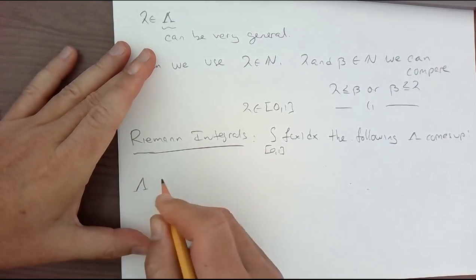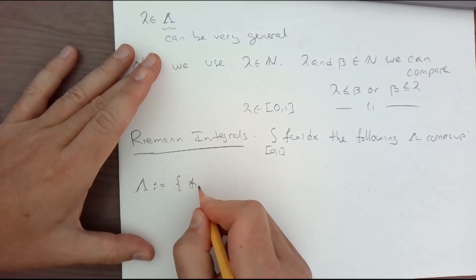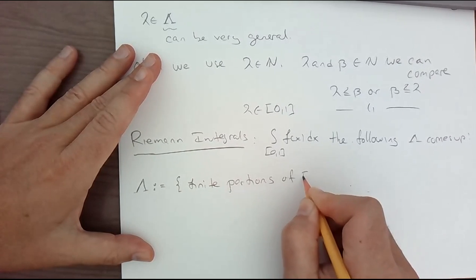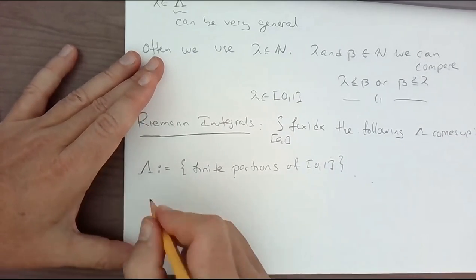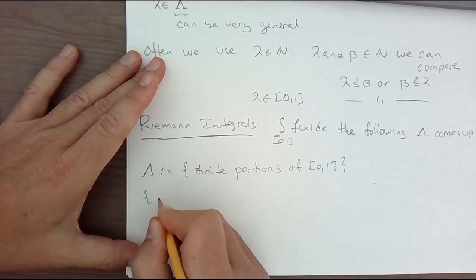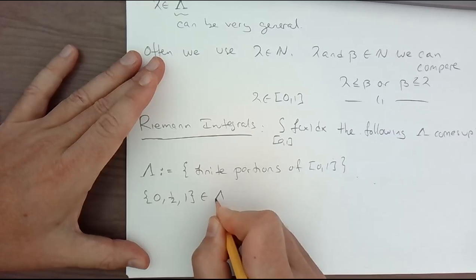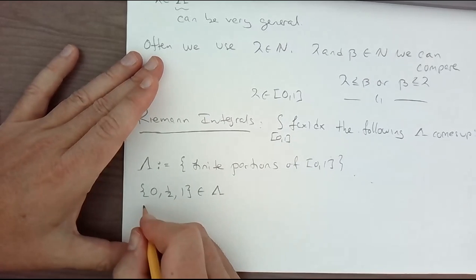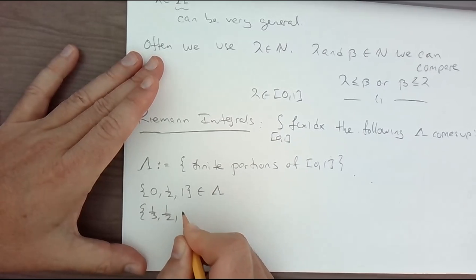So lambda, this is going to be the set of finite partitions of that interval you're integrating over. So say 0, 1. For example, you could have 0, a half, and 1. This is an element in lambda. You could have a third and a half, and I don't know, 1 divided by pi.